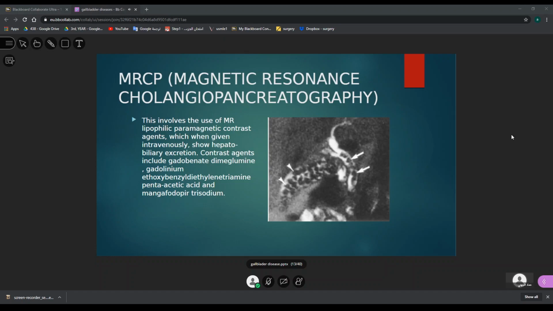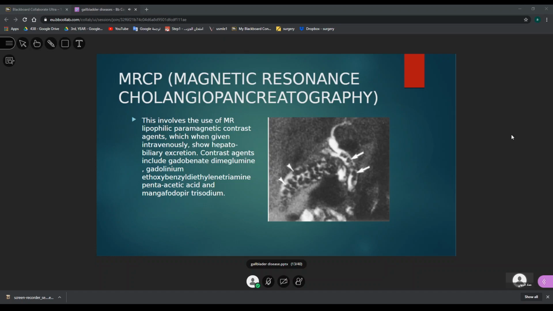It's an MRI, and we use a contrast given intravenously, which is a lipophilic paramagnetic contrast. It shows the hepatobiliary excretion. Contrast agents include gadopentate dimeglumine and gadolinium.